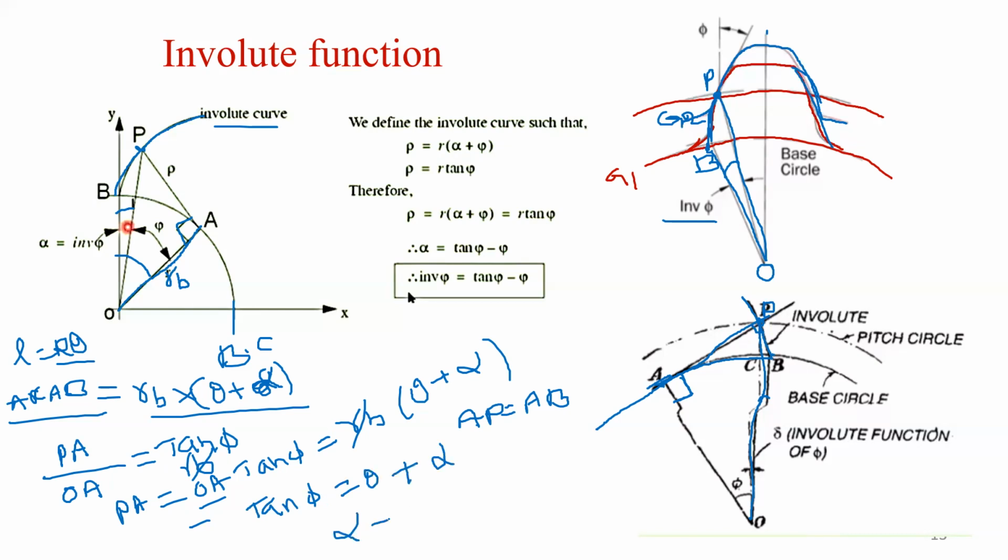Therefore, alpha is equal to tan phi minus phi. So alpha, the involute function, is equal to tan phi minus phi. This is a very important thing you need to remember. This will be useful in deriving the expressions.